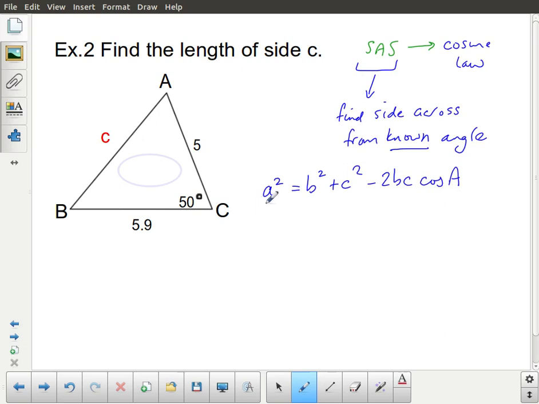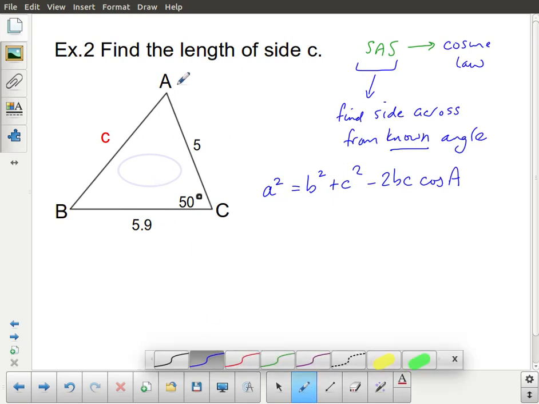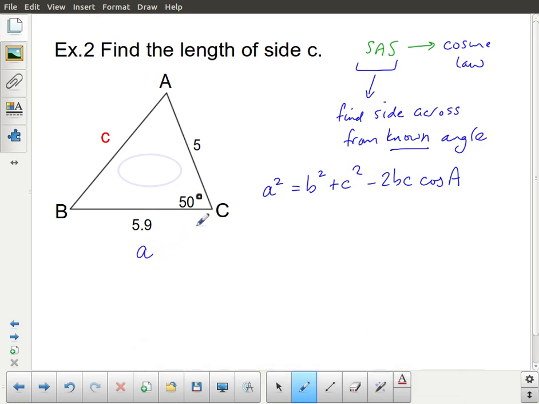But if you take a look at the lettering here, this triangle happens to also be labeled ABC. You should not be changing the labels to match this equation. You should be modifying this equation to match your situation. So in our case, this is side A, this is side B, and this angle we have here is angle C, which the side is already properly labeled as C. So now let's rewrite this equation.